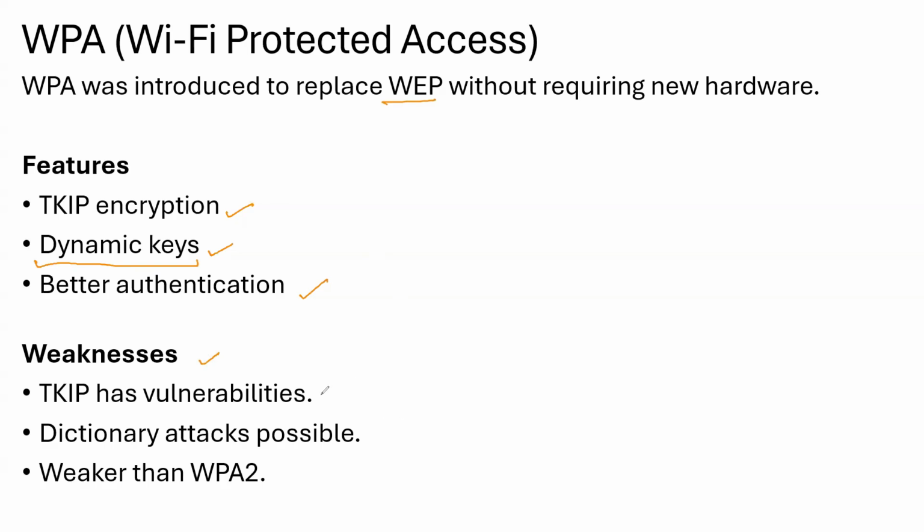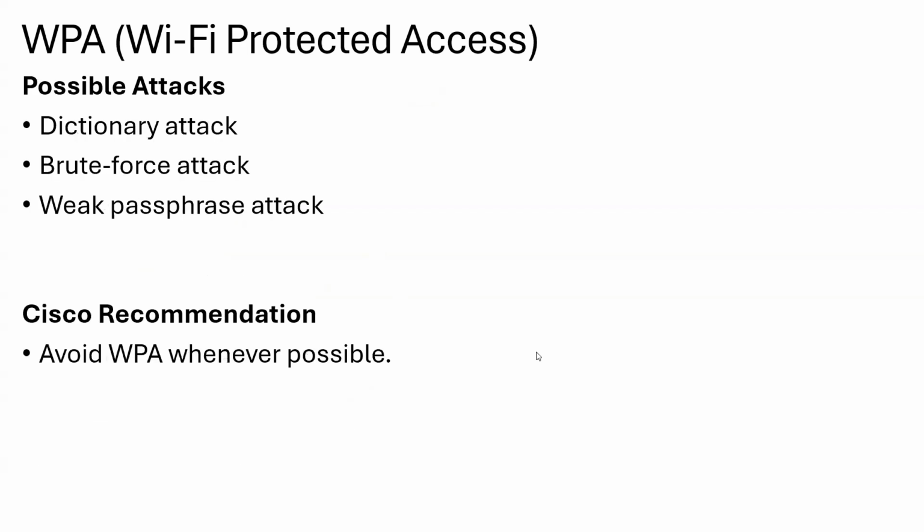What is the weakness? The TKIP method of encryption was vulnerable, so it is not good to use TKIP encryption. Dictionary attacks are possible, and it was weaker than WPA2 because WPA2 was launched later.